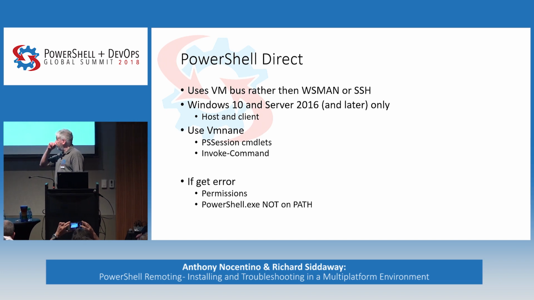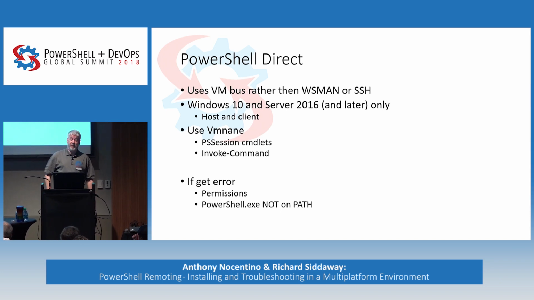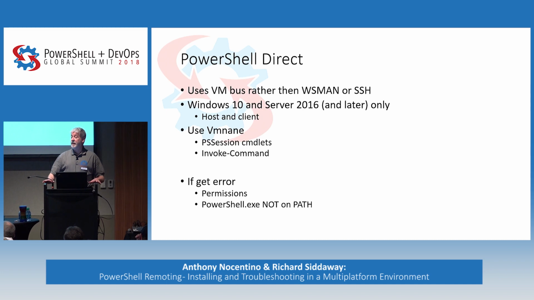The one thing I'm not really going to cover apart from this slide is PowerShell Direct. How many of you use that? How many of you know what it is? Okay. PowerShell Direct is for Windows 10 and Server 2016 Hyper-V hosts and clients. And you're remoting over the VM bus rather than WSMan or SSH.